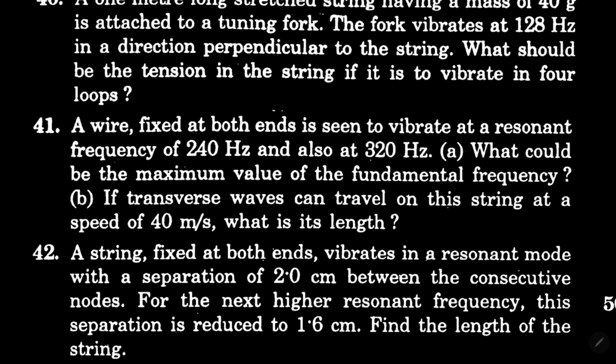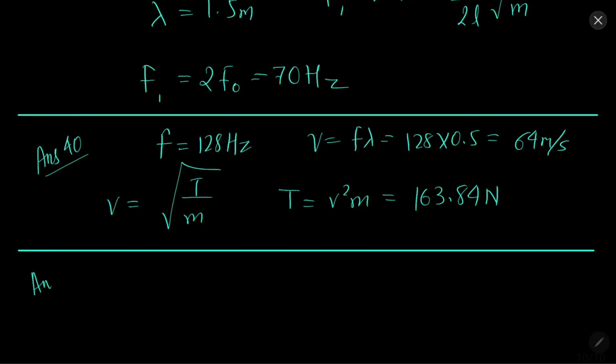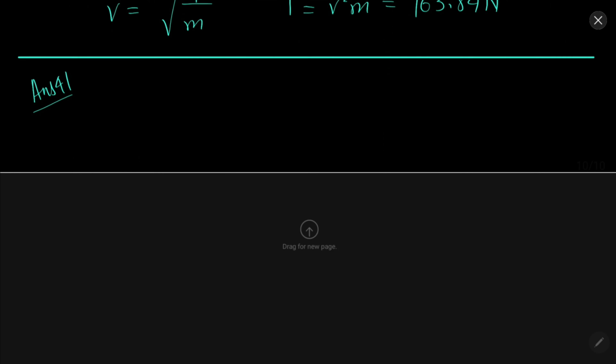In question 41, we have a wire fixed at both ends. What could be the maximum value of fundamental frequency? If transverse waves can travel on this string at a speed of 40 meters per second, what is its length? Solution 41.